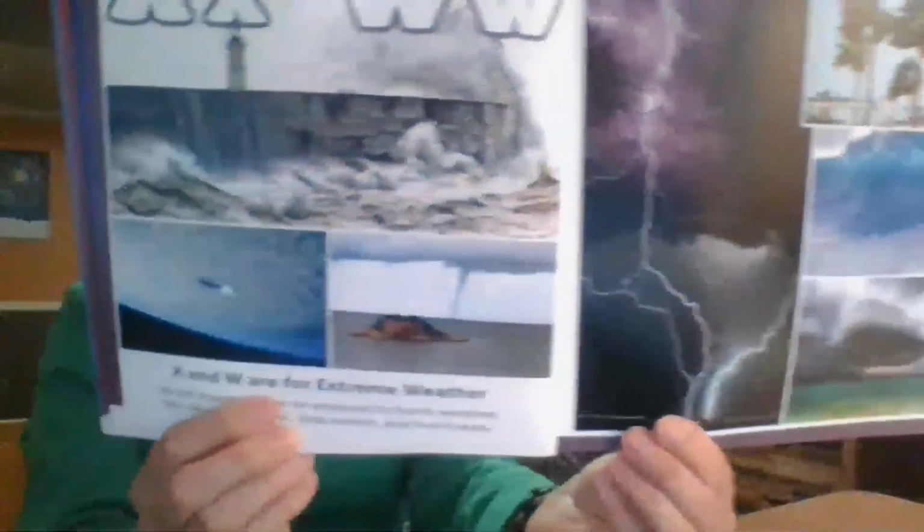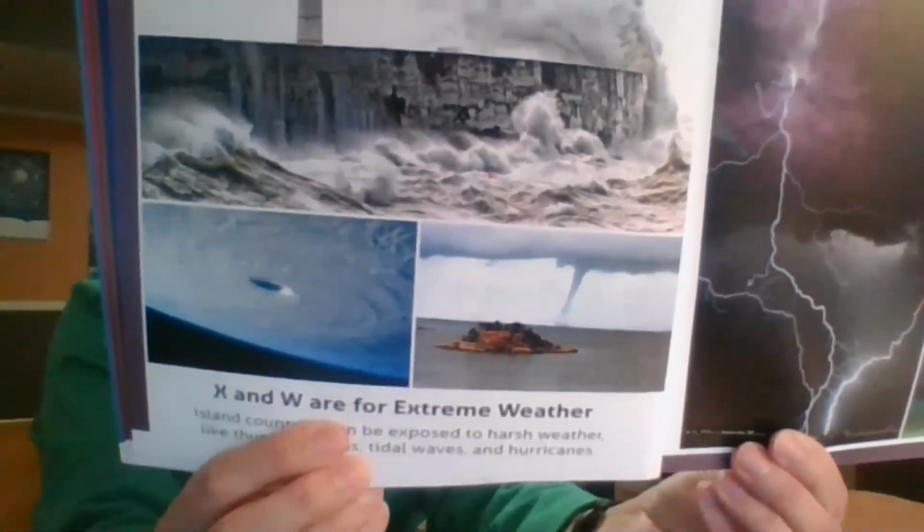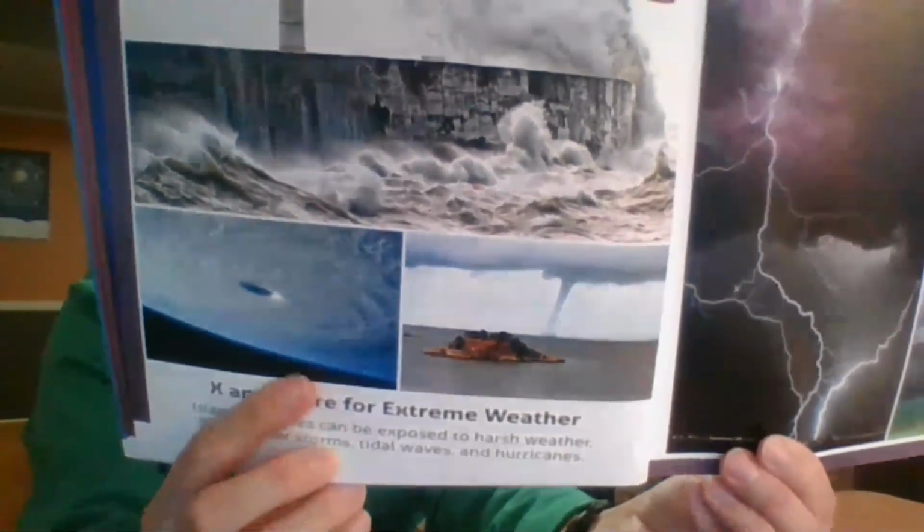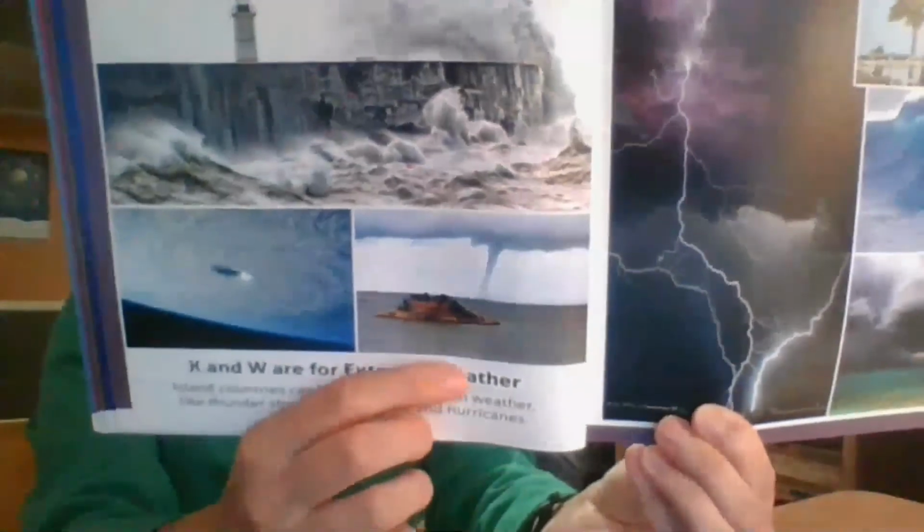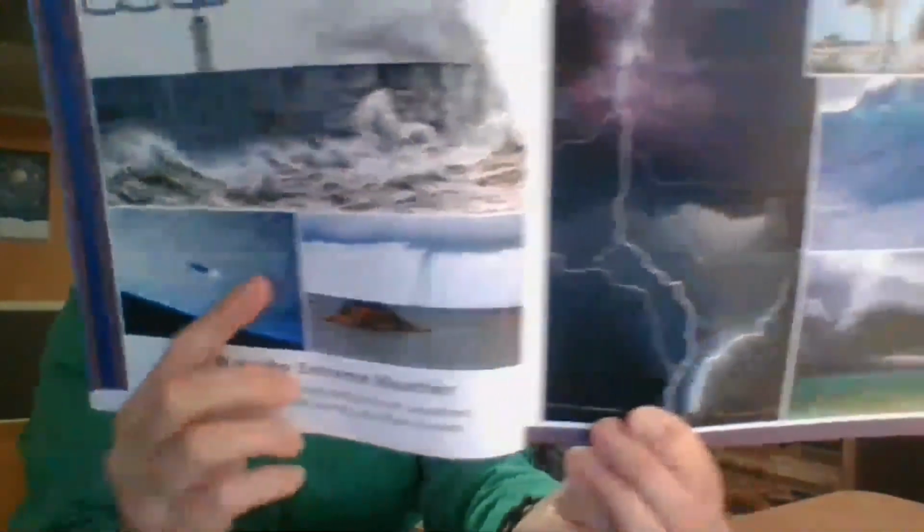X and W, they put them together. And it's hard to find islands that start with an X and maybe even a W. So what they did, there's 2 pages here of lots of photos. It's for extreme weather. Take a look at some of these pictures. What do you think's going on there? Big hurricane, like a tornado over the water. I think that's called a water spout. Look at that.